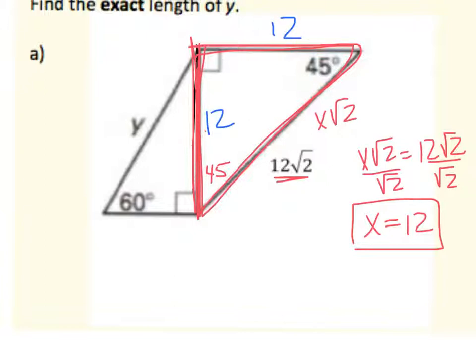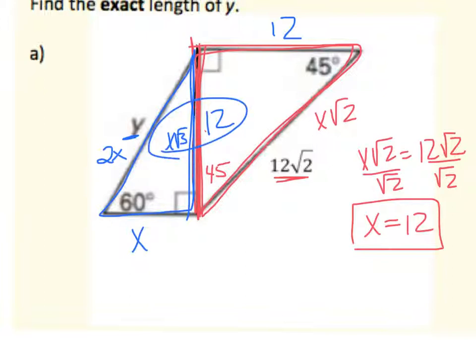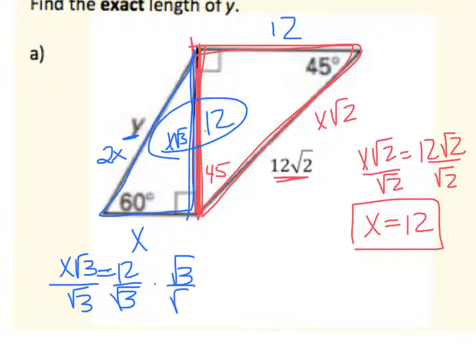Okay, and now I eventually want to find y. So I've got my 30, 60, 90 triangle here. This is going to be x, this is x root 3, and this is 2x. Since I know this side, I'm going to say x root 3 equals 12. I have to multiply the top and bottom by root 3.